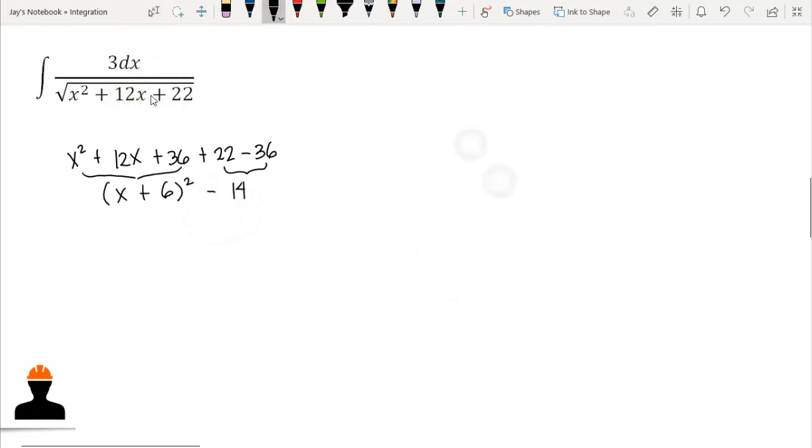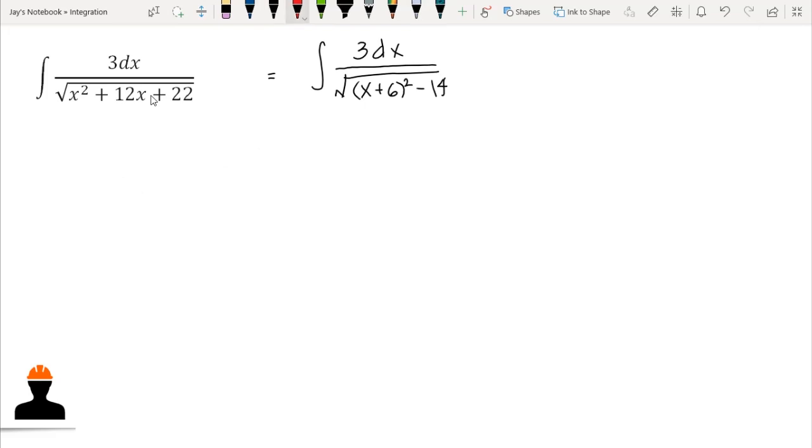So we now use this one as a representation for this radicand. So we rewrite our integration, that is the integration of 3 dx over the square root of x plus 6 squared minus 14. Okay, so upon looking at the radicand, we can directly conclude that this one is our u squared and this one is our a squared.